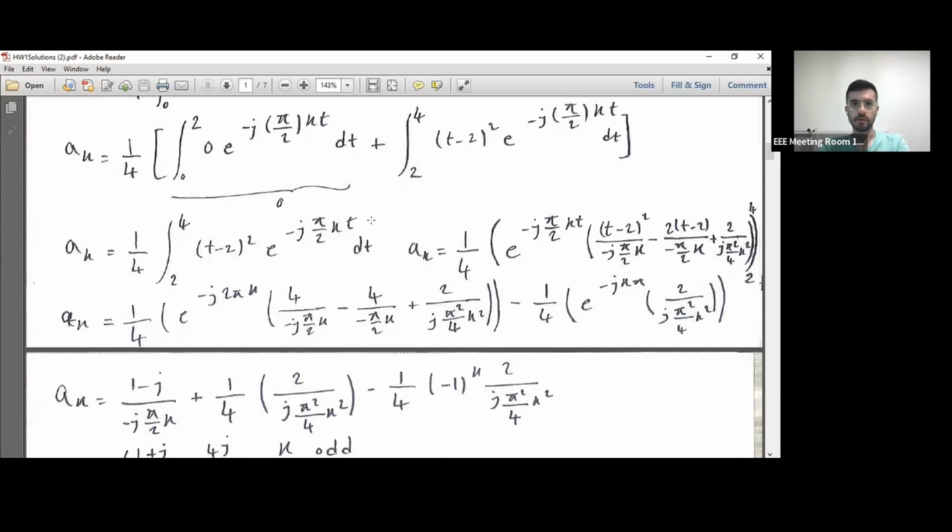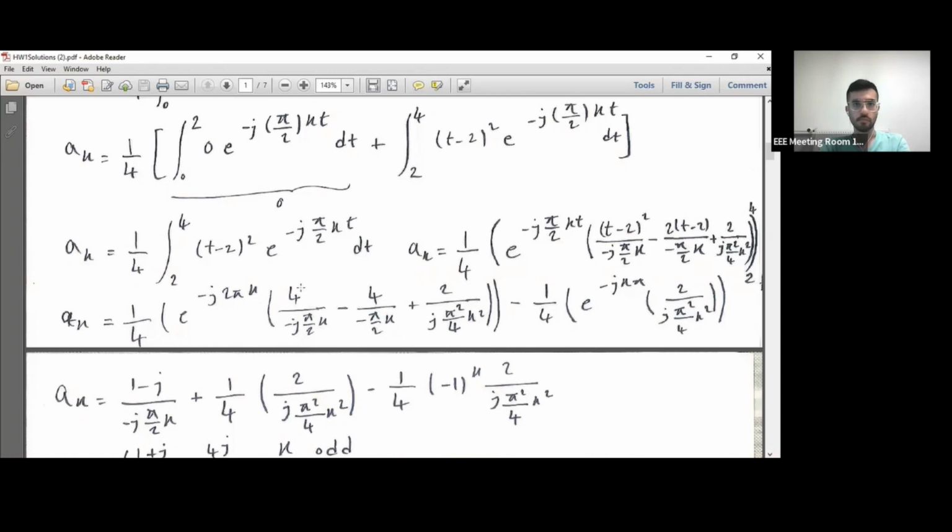After taking the integral of this function, we will have these terms here. These are the terms after integral, and we need to put one time 2, another one 4, and subtract from each other. So we did it here.